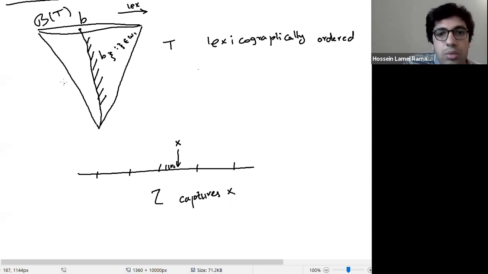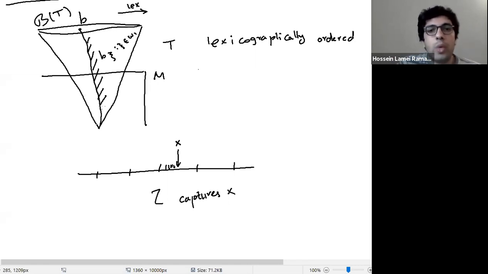Going back to the lexicographically ordered trees and their branches, and the case that we are interested in, we have a countable submodel M here. We can say that a branch is captured by M if there's some branch in M which is going to get separated from this branch after delta of M. If there's no such branch, then M is not going to capture that branch.